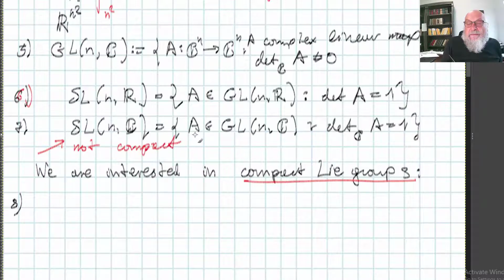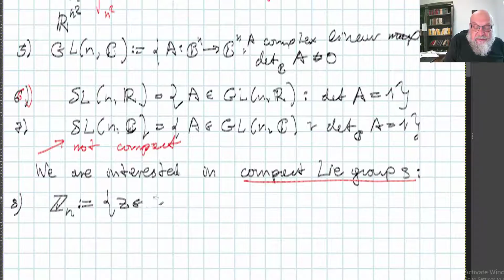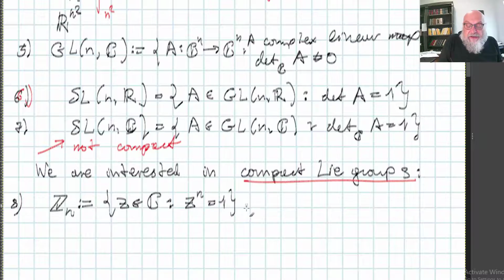So in order to give examples of compact Lie groups, let's begin with the first group, which will be called Zn. This is the cyclic group, and we will consider this to be given by, let's say, roots of identity. So you take z^n equal to 1, and solving this equation gives you n roots which form a group with respect to the multiplication.